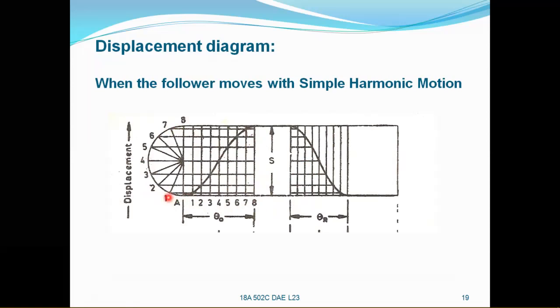and draw horizontal projectors from each point on the semicircle, from 1 to 1, and from 2, horizontal projector, 3 horizontal projector, 4 etc. And finally mark the points: 1 on the semicircle and 1 on the outstroke intersect at one point, say P1, and the second point is P2, and similarly 3 on the semicircle and the third vertical projector will meet at one point, that is P3.